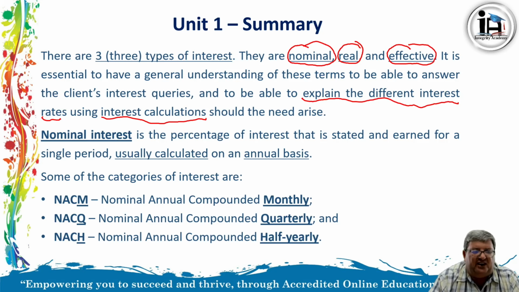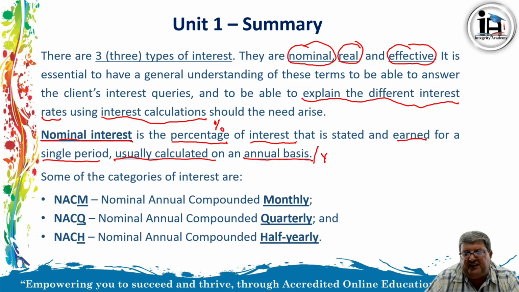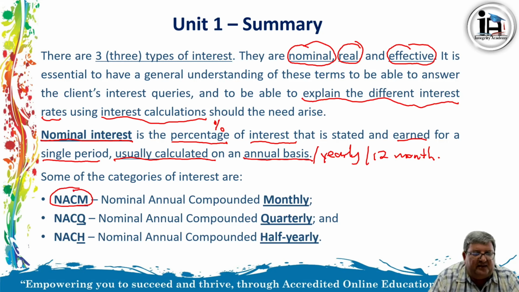Then we looked at nominal interest. Nominal interest is the percentage of interest that is stated and earned for a single period, usually calculated on an annual basis, and I said annual is also on a yearly basis, or the same as on a 12-month basis. That's all the same. Some of the categories of interest are, we talked about the NACM.